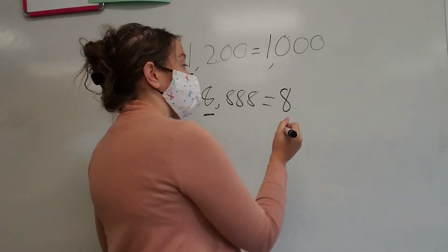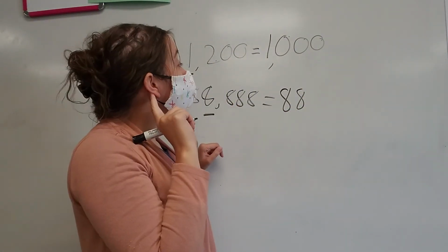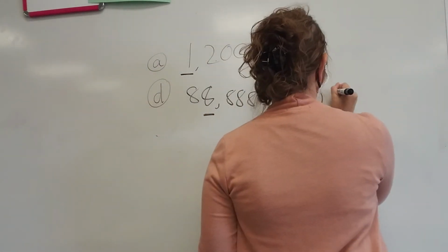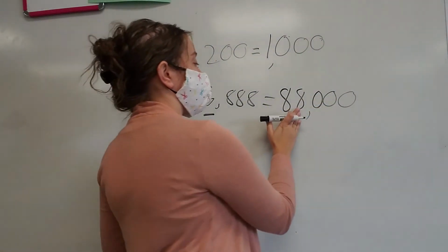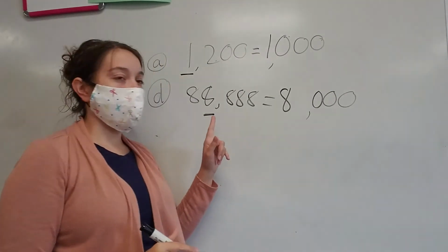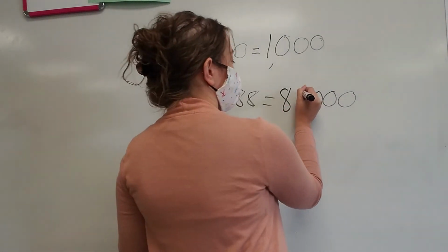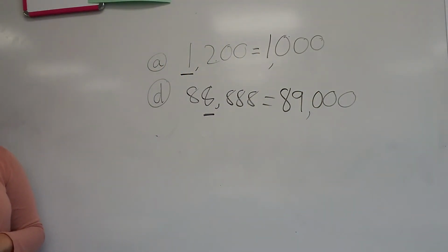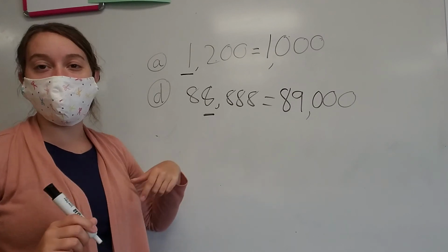Down and stay in 8. Now anything after it becomes a 0. 1, 2, 3 zeros. So wait. What do we do? Are we going down or up? Up. 89,000. We got in a going down kick and we just stayed there. Our 8 makes us go up.